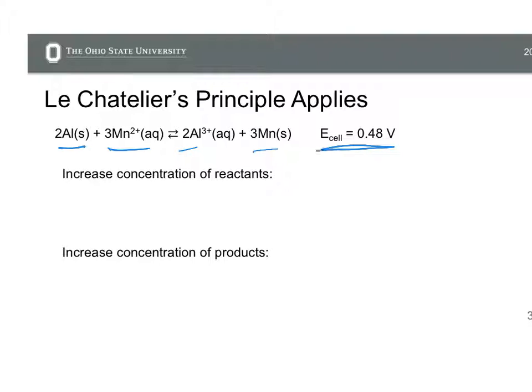The cell potential for this reaction is 0.48 volts, so as the reaction runs in the forward direction, 0.48 volts are produced. If we increase the concentration of reactants, let's say above 1 mole per liter, Le Chatelier says we should be able to produce more products to regain equilibrium.